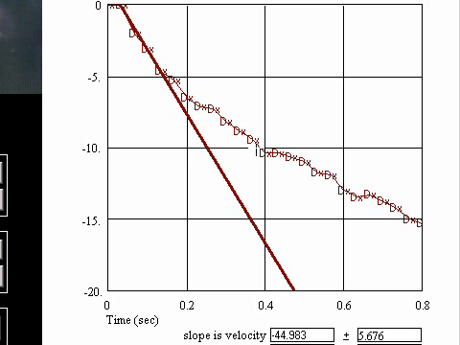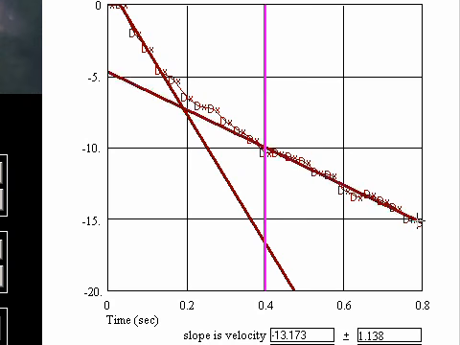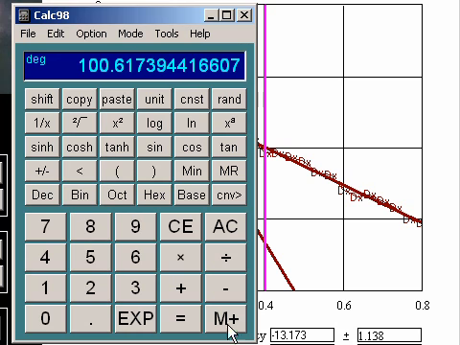As time goes on, let's take the latter portion of this. If I go, say, from here to here, now it looks like the velocity of ejection is about 13 meters per second. I've seen these kinds of numbers quoted before, and apparently they were looking further out in the ejection like this. So 13.17 times the conversion factor is 29 miles an hour.